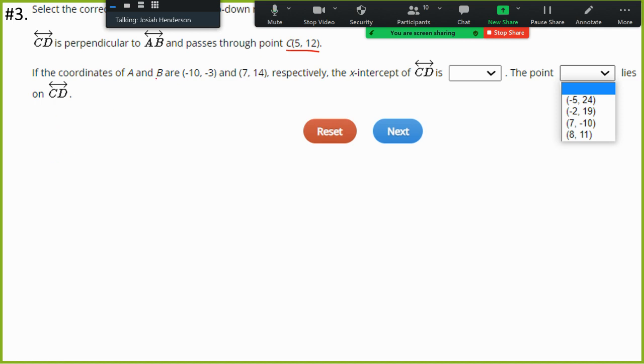If the coordinates of A and B are here and here, respectively, the x-intercept of CD is what? And which one of these points lies on CD? So, perpendicular this time. A is at -10, -3.